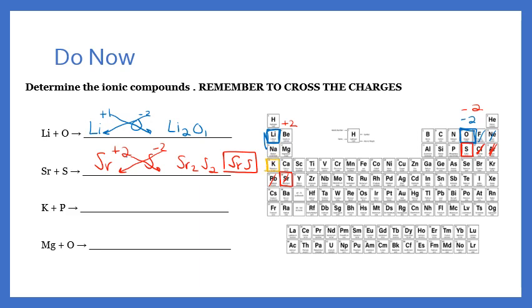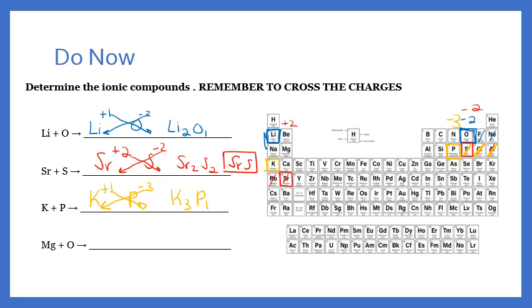Potassium has that +1 charge, and phosphorus has 1, 2, 3. It needs 3 electrons, so it takes a -3 charge. I'm going to cross, so we should have potassium 3, phosphorus 1. Good.